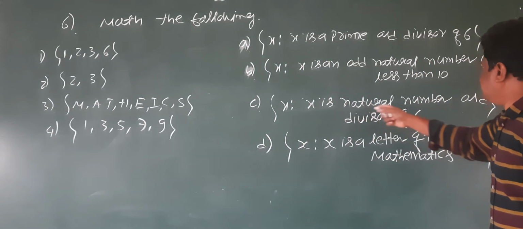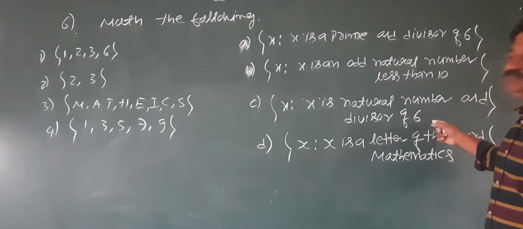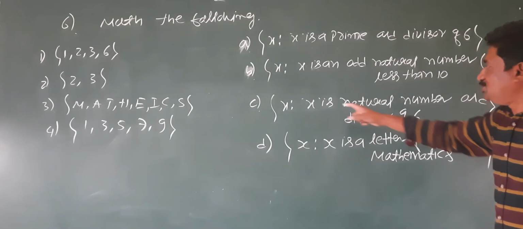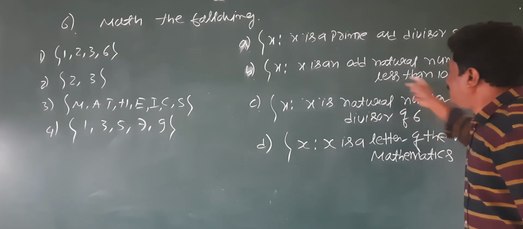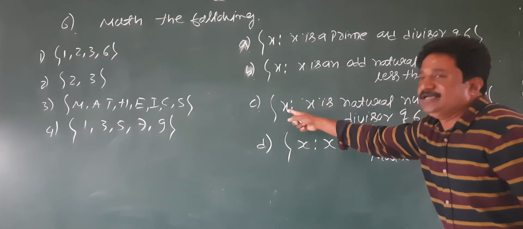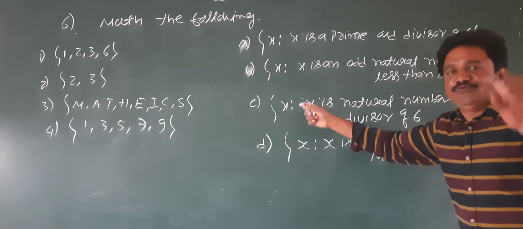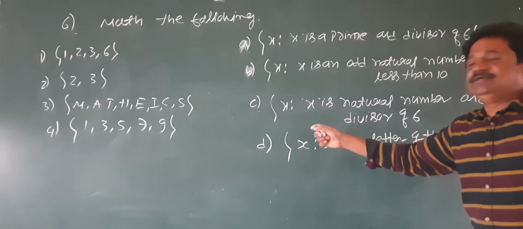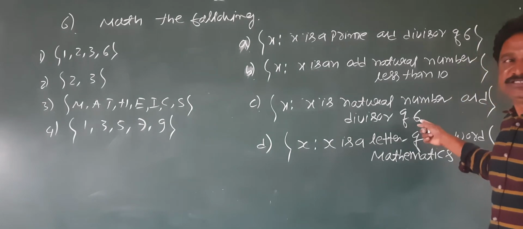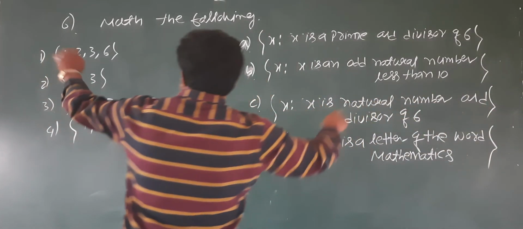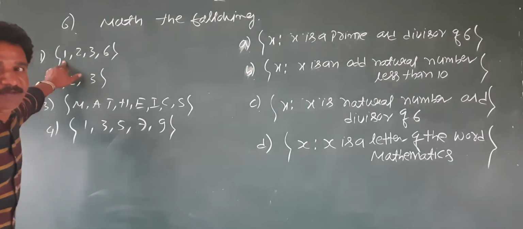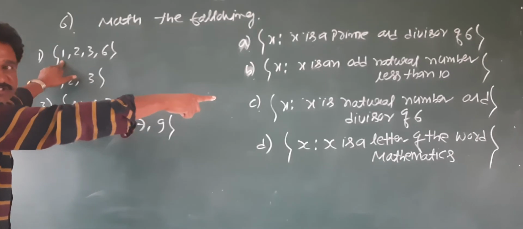Next, X is a natural number divisor of 6. X should be a natural number. The elements of this set should be natural numbers. In addition to this, X should divide 6. I hope this matches. 1, X is a natural number. Further, 1 divides 6.